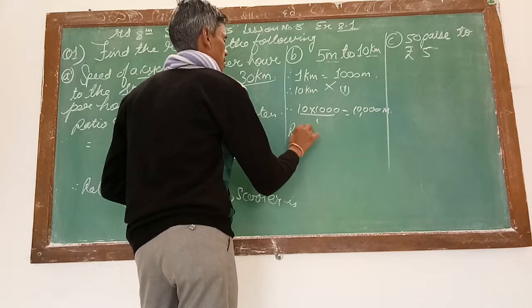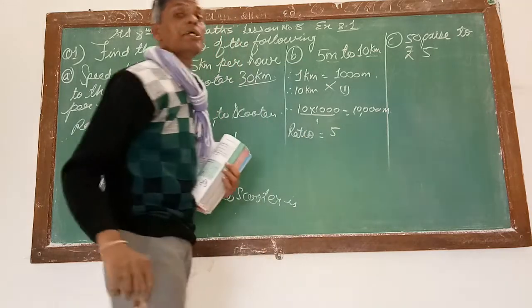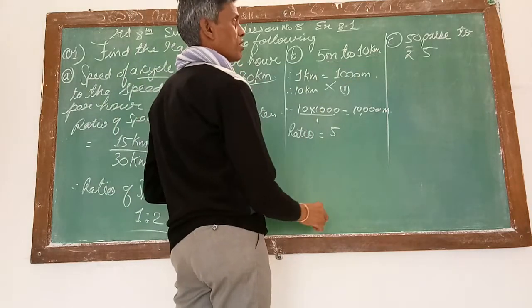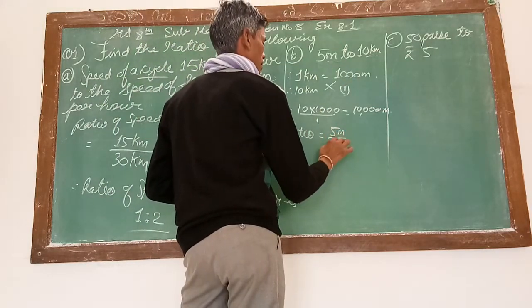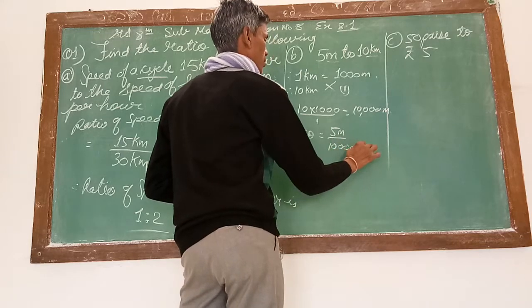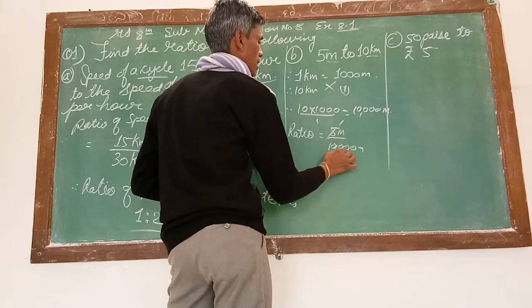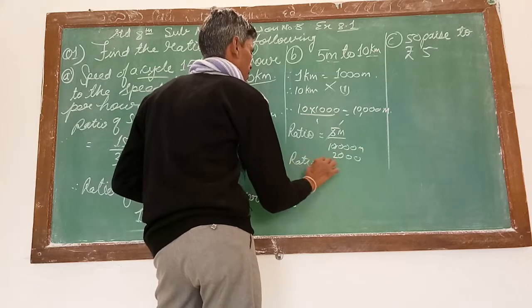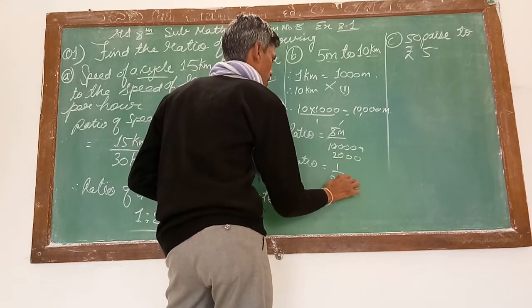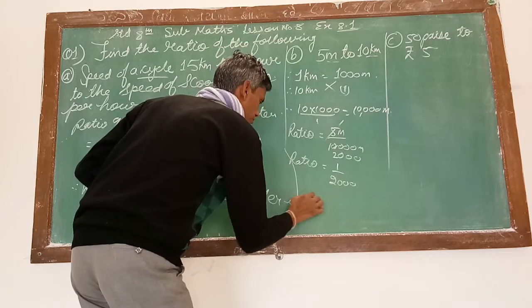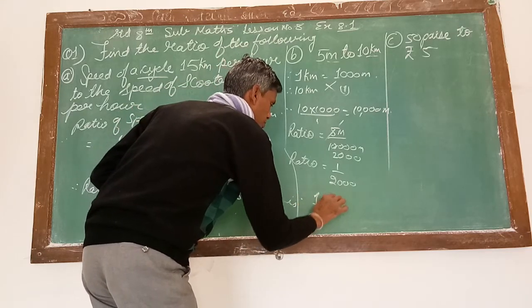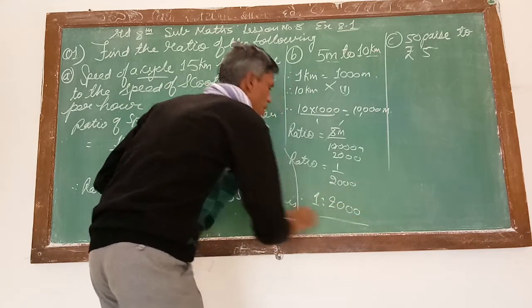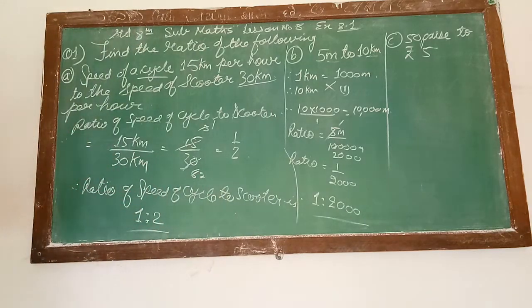Now the ratio of 5 meter to 10,000 meter: the ratio is 1 by 2000, that means 1 is to 2000.